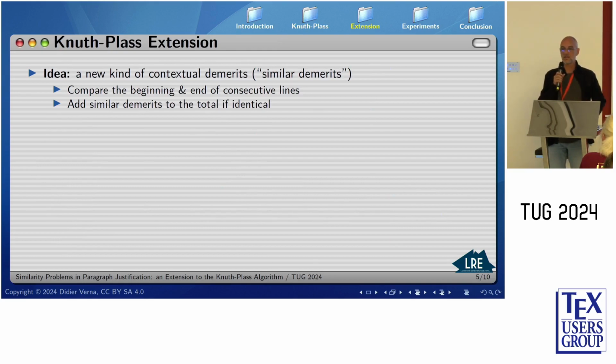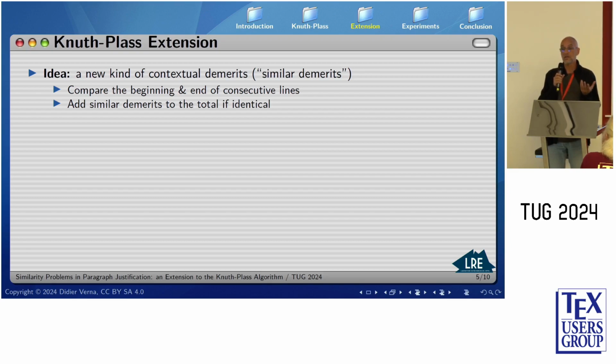So the idea of this extension is actually extremely simple. What I do is introduce a new kind of global or contextual demerits, which for the time being I'm calling similar demerits. You just need to compare the beginnings and the ends of two consecutive lines. And if you find a similarity, you increase the cost by the value of the similar demerits in question.